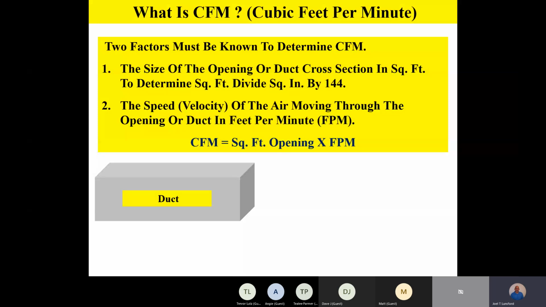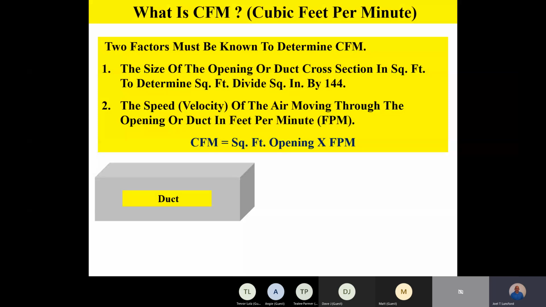So a 30 by 30 grill, 900 square inches, divided by 144 gives us 6.25 square feet, times 0.8 to find free area. In our example, that 30 by 30 grill has a free area opening of 5 square feet.